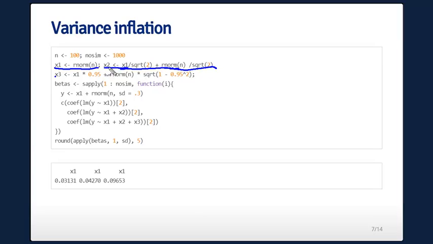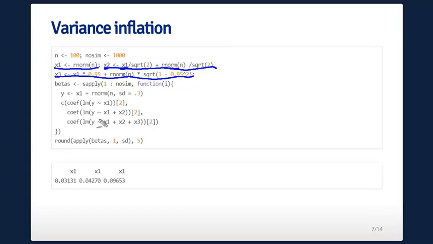I think I did it by square root 2 so that the variance of x2 remained 1. In this case now, the variance of x3 is also 1, but x3 is highly related to x1, right? It's sort of 95% x1 and a lot smaller percent x2.